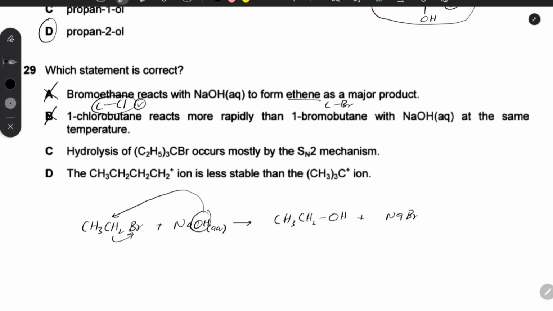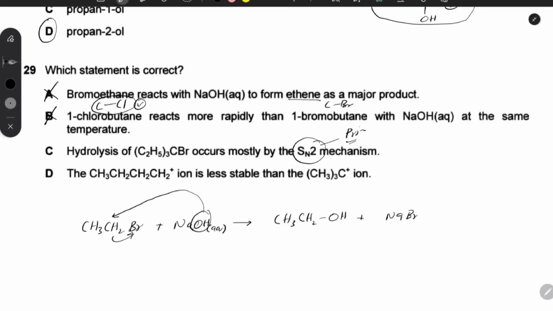Then option C: hydrolysis of tertiary halogenoalkane, bromo tertiary halogenoalkane, because it has 3 carbons, so it is propane. So hydrolysis of this tertiary compound occurs mostly by the SN2 reaction. It is incorrect because we know that the SN2 reaction is a single step reaction, and it occurs when you have a primary halogenoalkane.